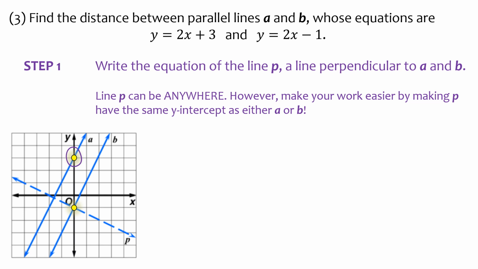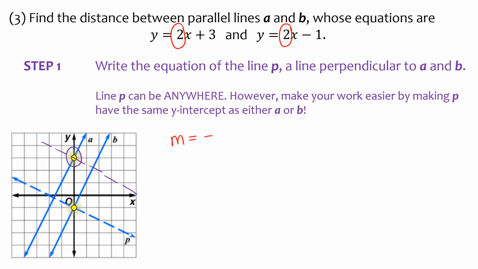So we need to write the full equation of this line, and I can sketch this line here through our y-intercept. Okay, we know it's perpendicular and we know it goes through that y-intercept. So I actually don't have to do very much work here. If the slope of my parallel lines is 2, then the new slope of my perpendicular line, remember, is the opposite reciprocal of those.